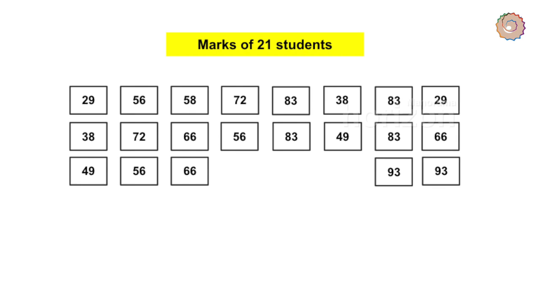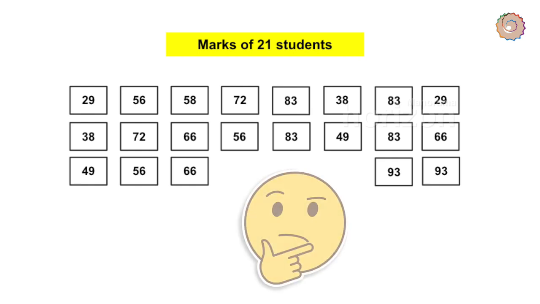Suppose you're given marks of 21 students and you need to count the number of students who scored exactly 29 marks. What can you do? Finding the number of people is going to be a difficult task from a set of random numbers. Here, what we can do is arrange the data properly so that our work is simplified.